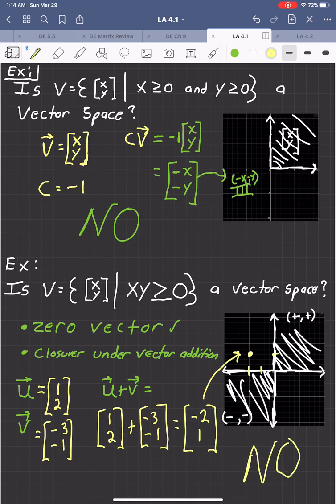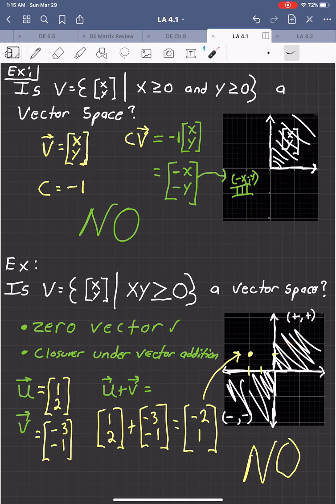But what if you chose 2 points, you did this arithmetic that I did, and you ended up with a point that was in V? What conclusion can you draw? None.